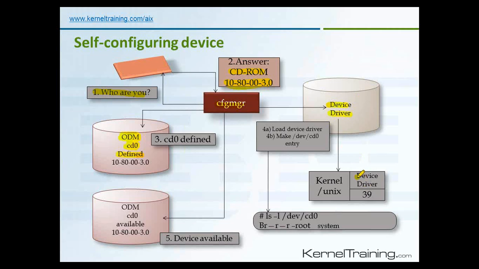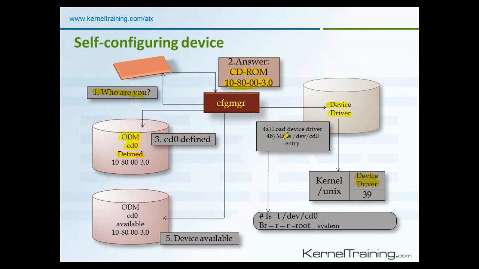According to that, it will find a proper device driver and assign two important IDs to it, the major number and the minor number, where the major number represents the device driver number and the minor number represents the device on which this driver is loaded.